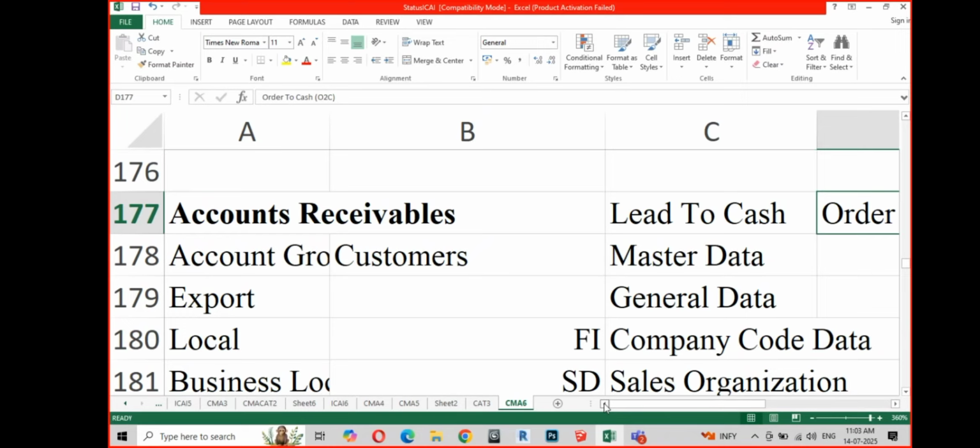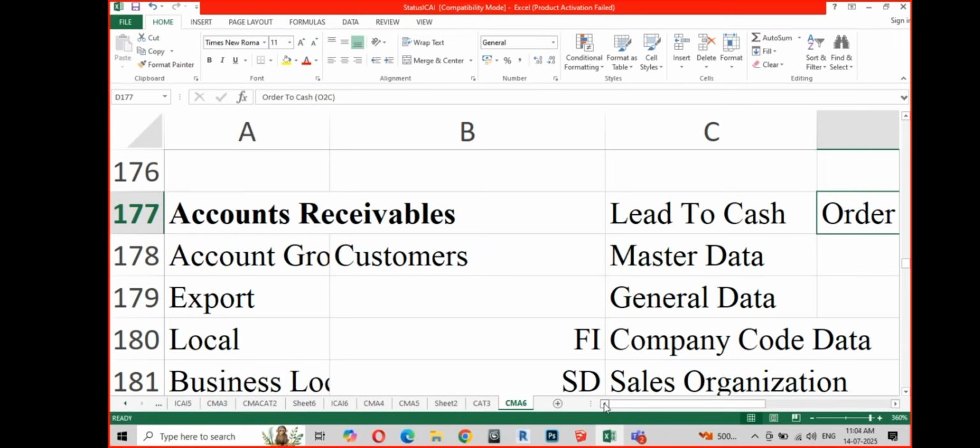So, lead to cash, source to pay. We will definitely discuss these cycles in detail. By next week, we should be ready with the concepts of integration. Very interesting, right?